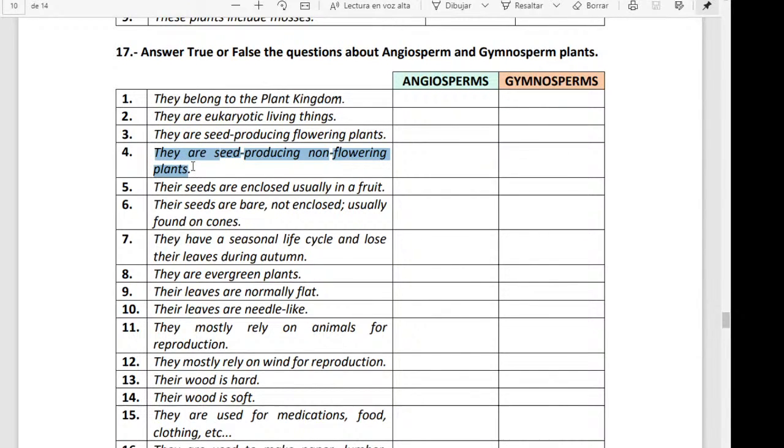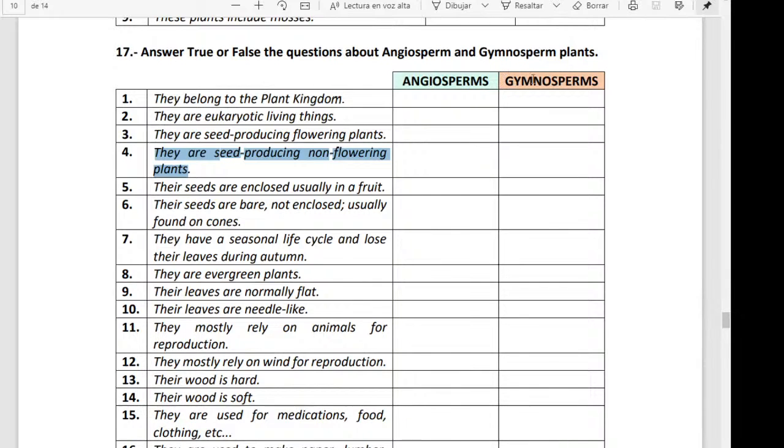You have to study. Go to number 4. They are non-flowering plants. They have no flowers, but they have seeds. What do you think? Angiosperms or gymnosperms?